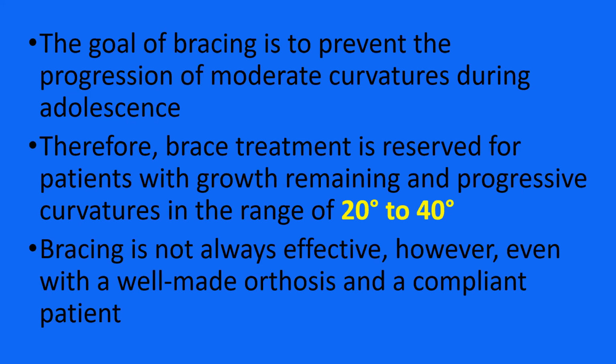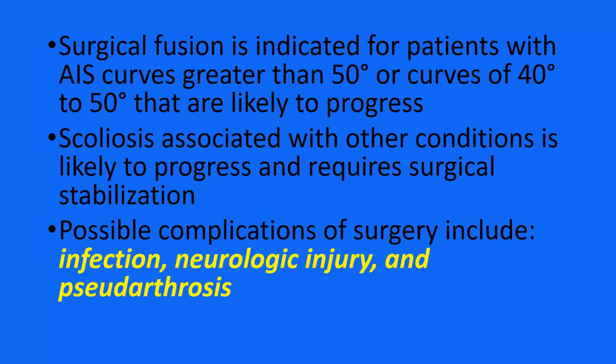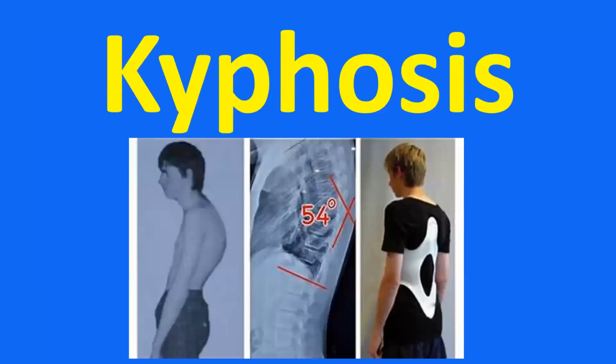If it's towards the end and you have a curve of more than, let's say, 40 degrees, this is an indication for surgery. So these are points. Complications include infection, neurologic injury, and pseudoarthrosis.